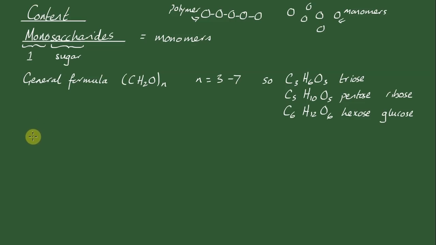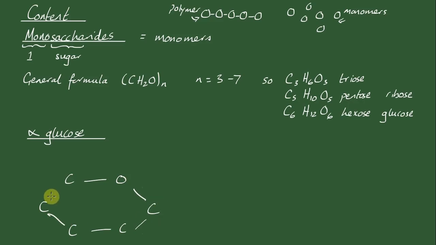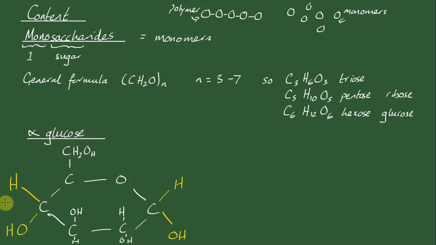So now we need to cover the structure of an alpha glucose molecule. So this is me drawing it out in full. It's a ring structure with an oxygen atom completing the ring. Each of the carbons has 4 bonds on it. And here's the really key part, and I'm drawing it in yellow to show you the orientation of the hydroxyl groups in alpha glucose.